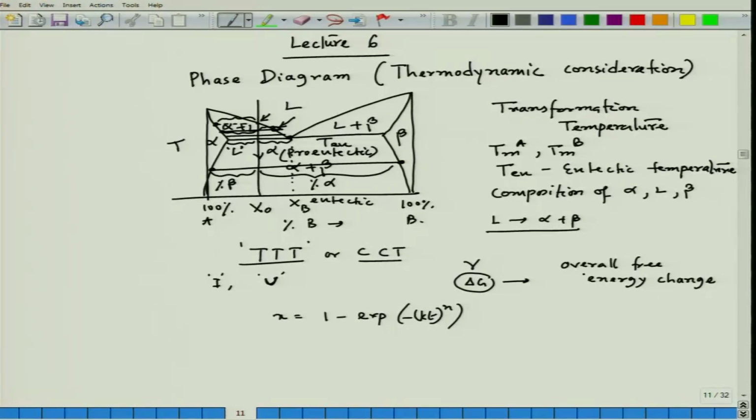So, that time we need to know the overall free energy change, and it should be negative to have the transformation possible. And another term which is there is delta Gn, which is the nucleation driving force or nucleation free energy change.